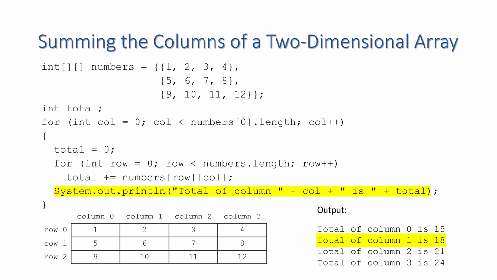After the inside loop completes, the total of the column is output. So when column is 1, total of column 1 is 18 is output. And likewise, when column is 2, total of column 2 is 21 is output. And lastly, when column is 3, total of column 3 is 24 is output.